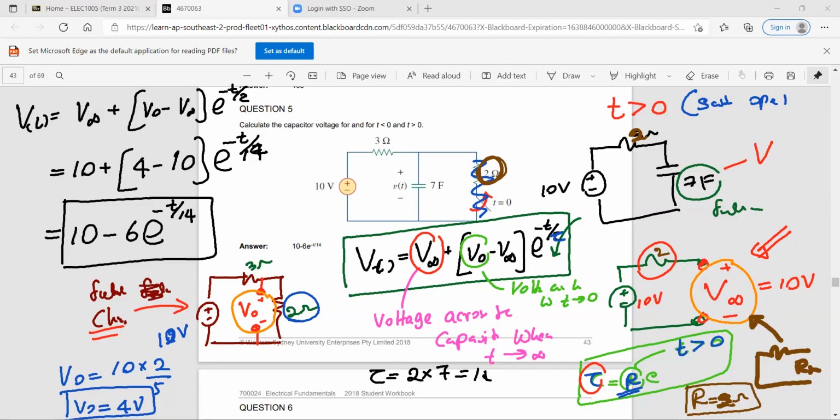Okay, can I give you one question for you to do? Is the voltage infinity always going to be the maximum voltage of the circuit? It depends on your circuit. Yeah, when we do a few questions, you will understand it.